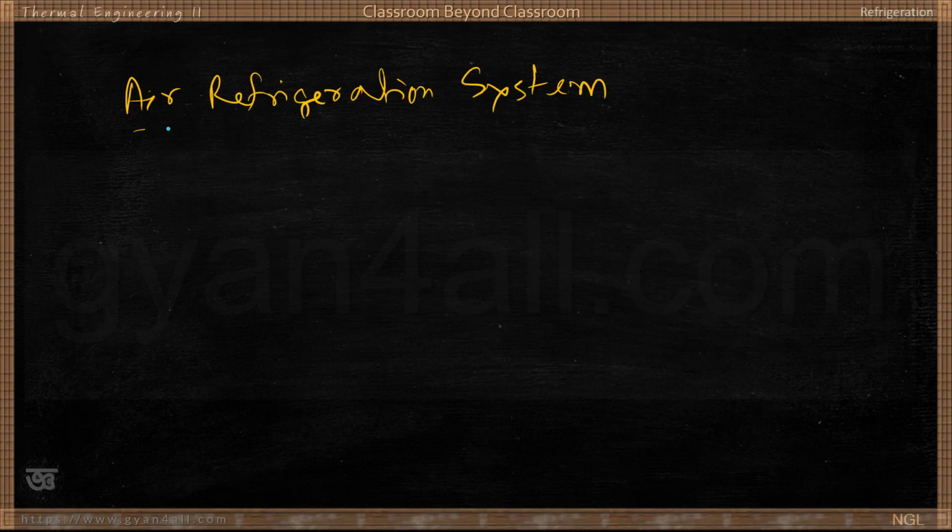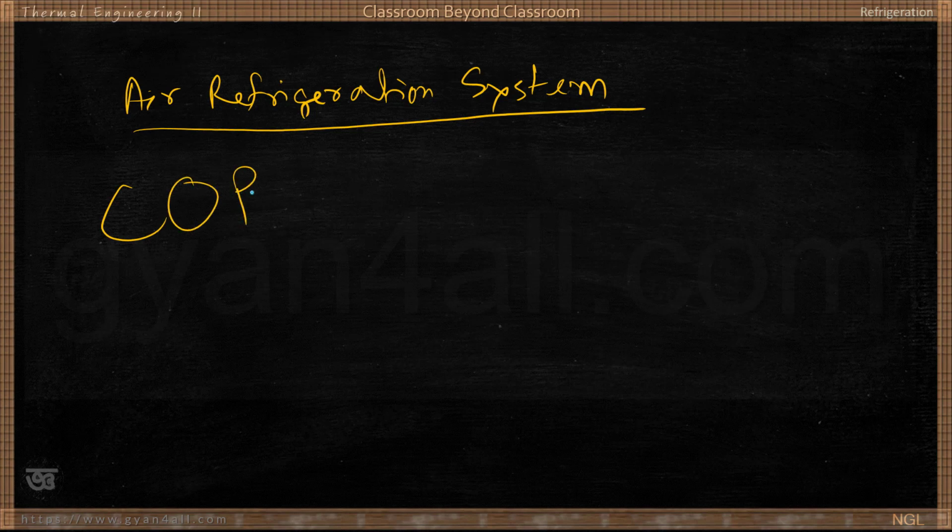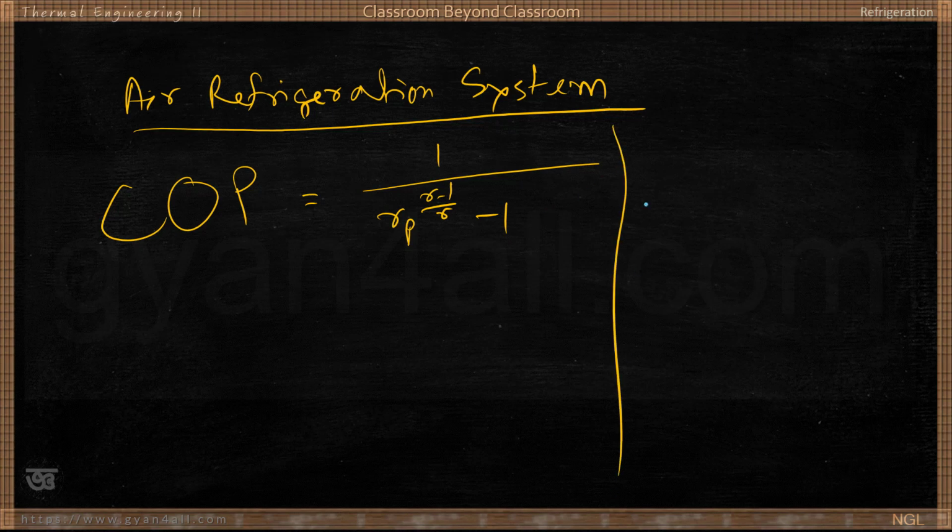So for the Bell-Coleman cycle or air refrigeration system, COP is equal to what? We got 1 divided by RP to the power gamma minus 1 by gamma minus 1, where RP is equal to the pressure ratio.